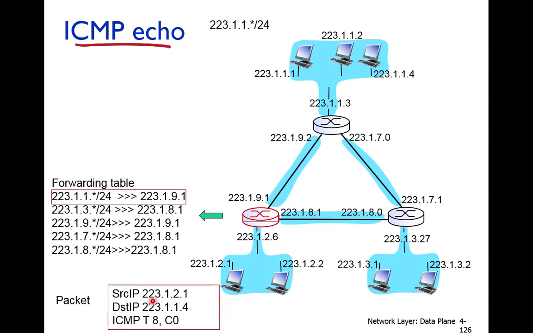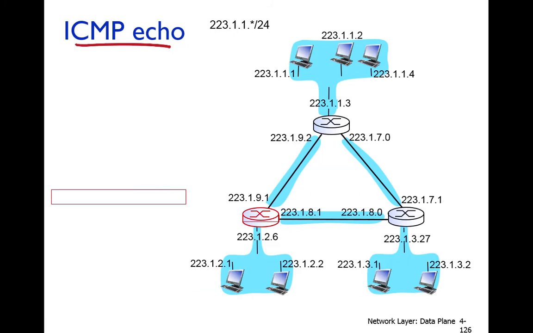The source IP address is 223.1.2.1 and the destination IP address is 223.1.1.4. Its type is 8 and the code is 0. So this is the echo request message.